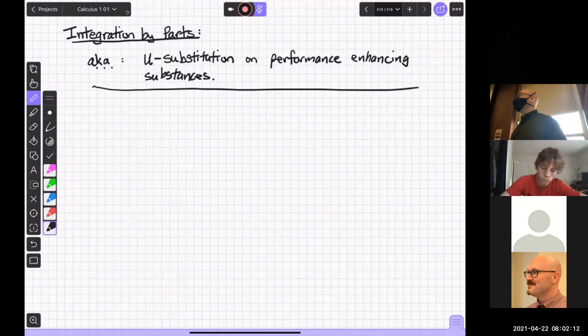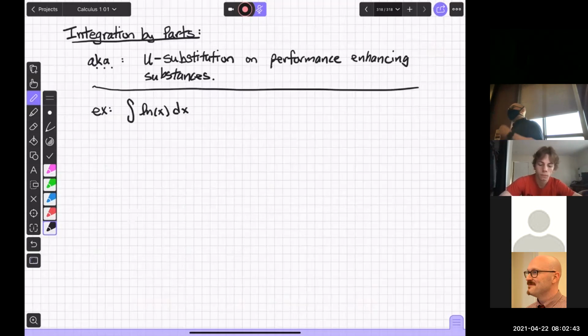All right, so we need the setting of what would be an example of the kind of integral that we might see where we would be curious about using a brand new technique. In other words, what's an example of something where we can't do it using just what we currently know? Okay, it turns out we don't actually have to search very far for an example of something that we can't answer.